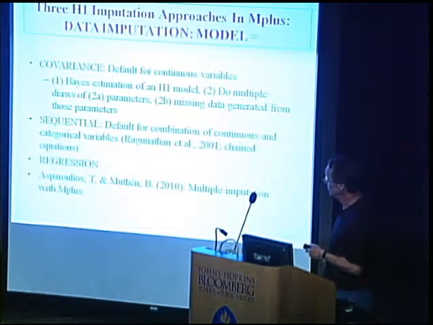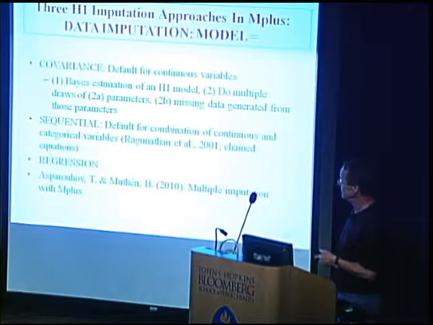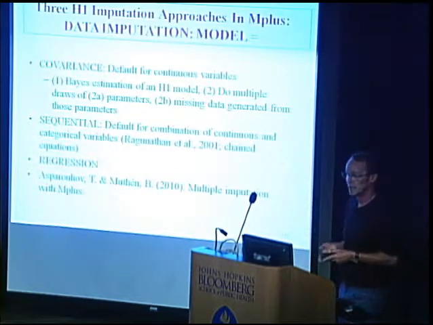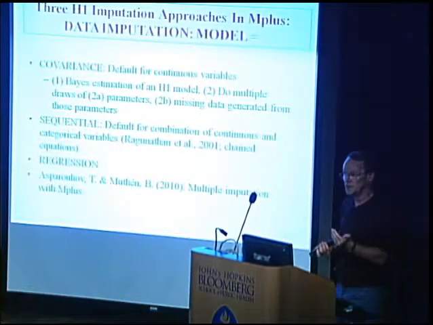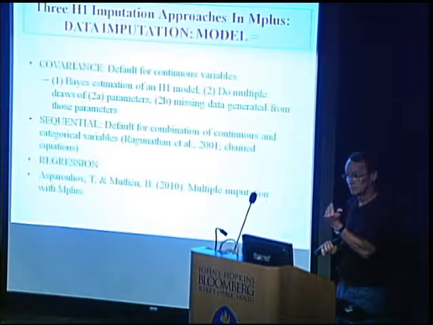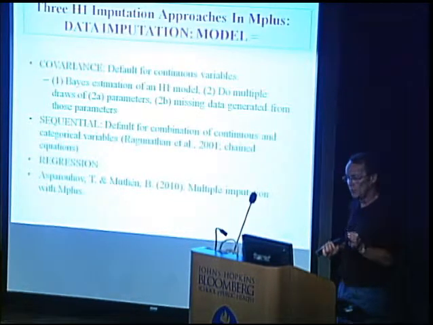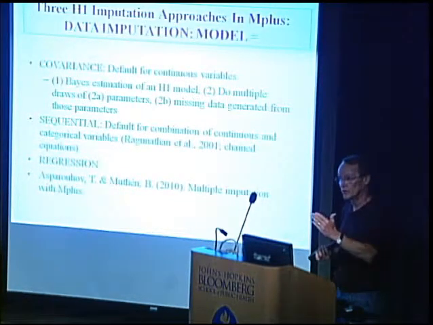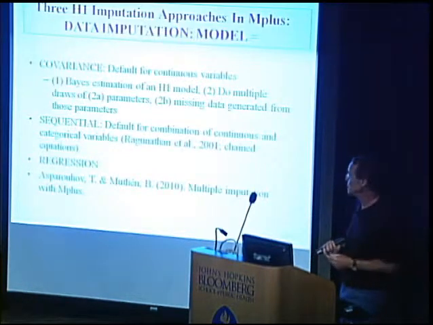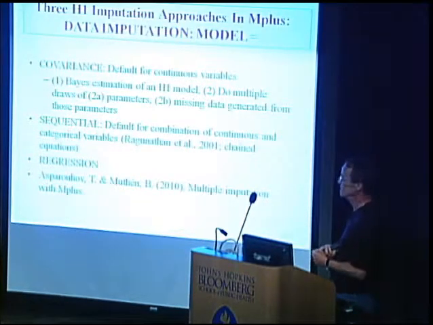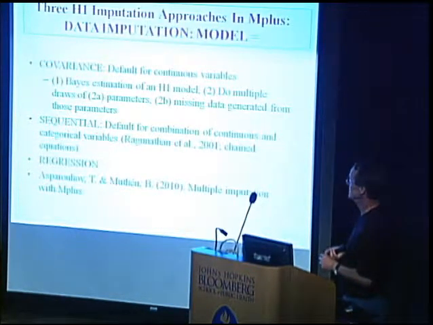You do several draws, at least 5 as recommended, because you want to see the natural variation in the missing value. So you don't want to have just one imputed value, you want to have several to show the variation, the uncertainty in the estimation of that missing value. That's the key feature of multiple imputation.